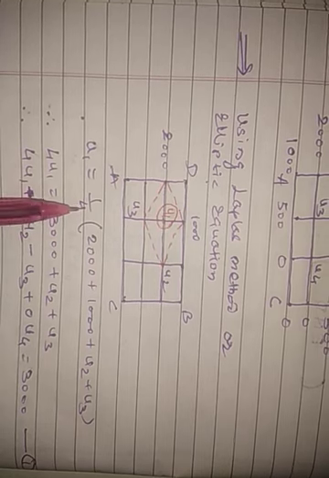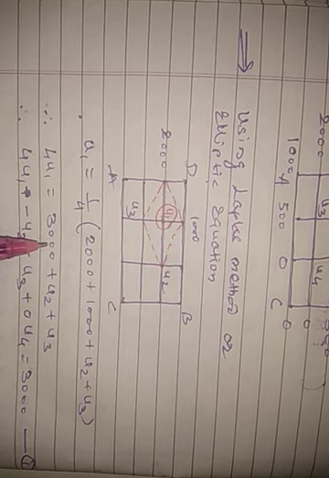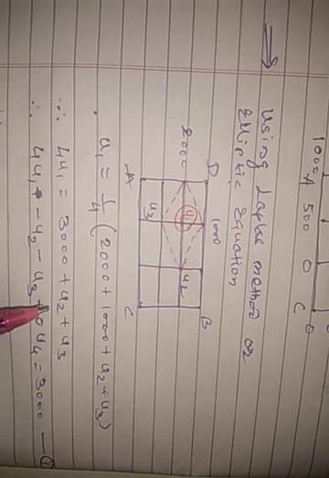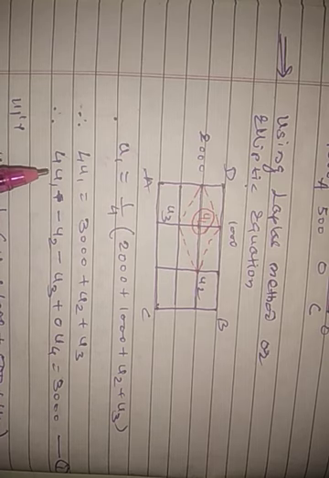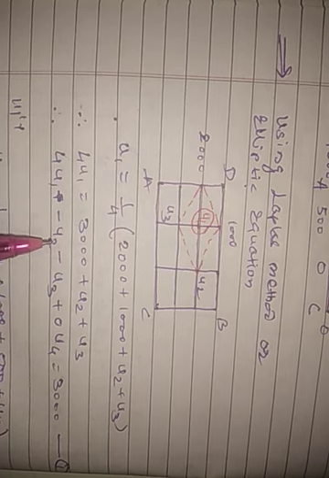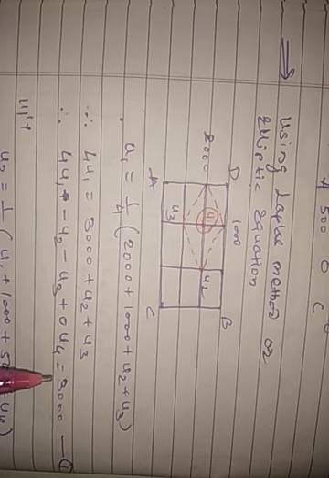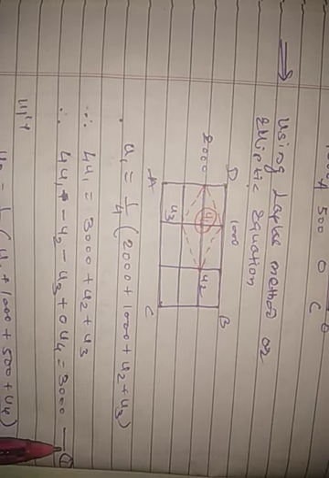So the equation becomes 4u1 - u2 - u3 + 0·u4 = 3000. This becomes our first equation.